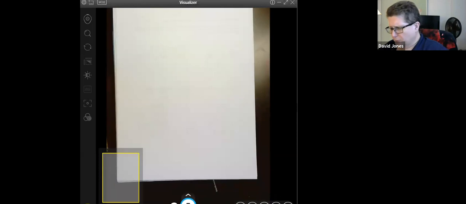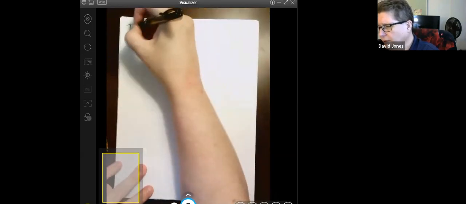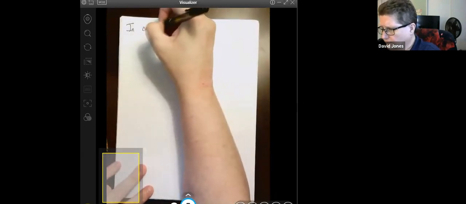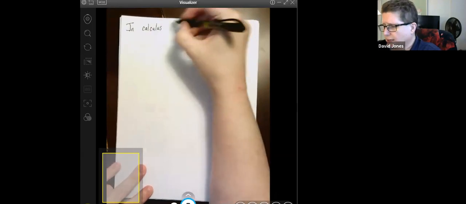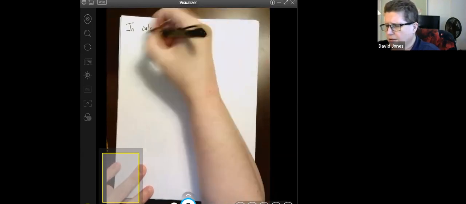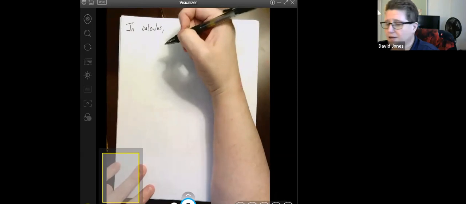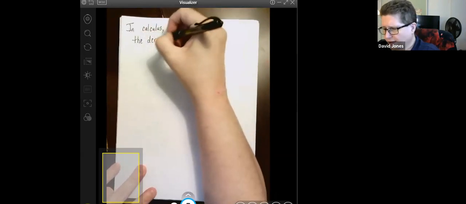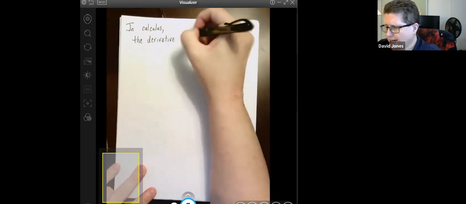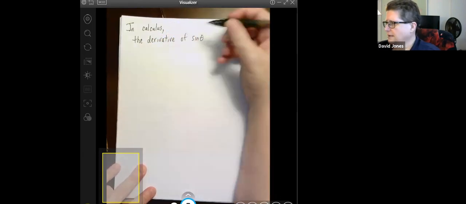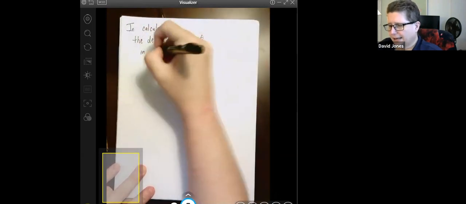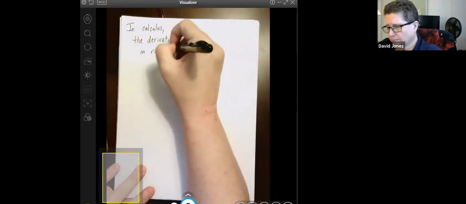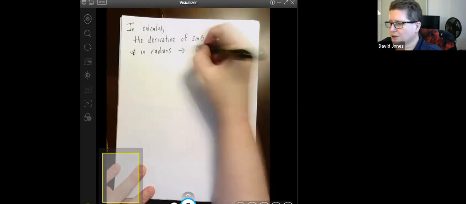So that thing I was telling you about, the calculus thing, I actually do have it and what I wanted to say. In calculus and onwards, in calculus, you will do an action called taking the derivative. The derivative of sine theta in radians is cosine theta.